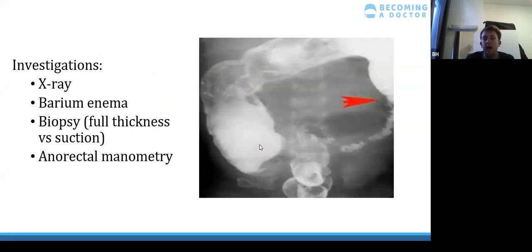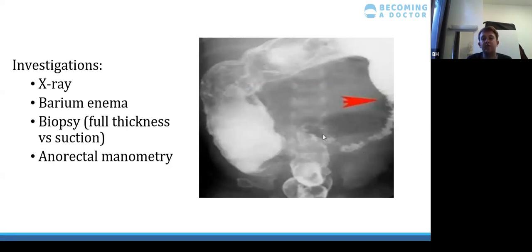In terms of your investigations, you want to do an X-ray first. We can rule out perforation and we can look at different causes, so maybe duodenal atresia, things like that. And then we want to do a contrast enema. So contrasting the upper GI study where we put contrast down, this time we want to put contrast up, and that's going to fill the colon.